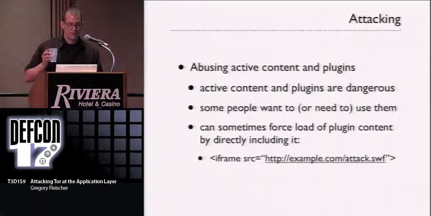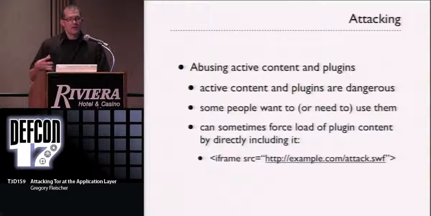So let's talk a little bit about active content and plugins. Now, it's pretty well accepted that active content and plugins are universally viewed as dangerous to your anonymity, and nobody would use them. But let's think back a little bit. Times have changed. People are no longer using Tor strictly based on wanting to remain anonymous.